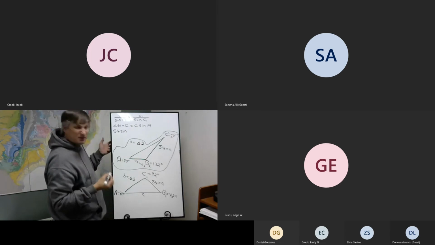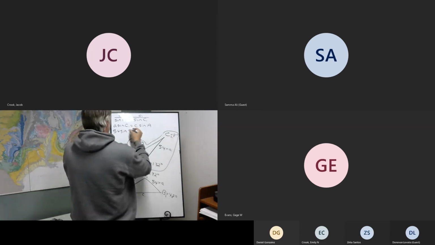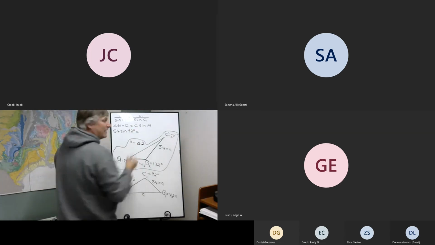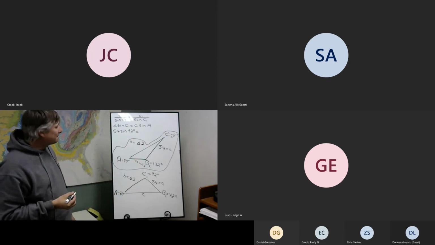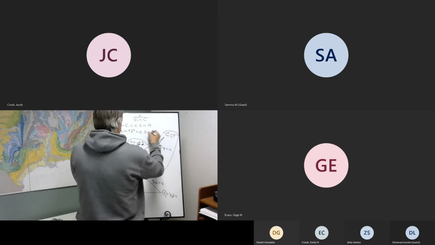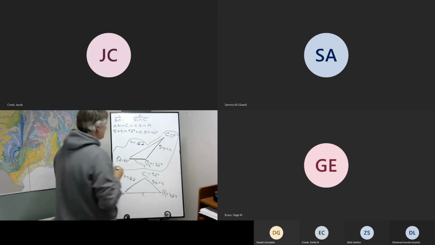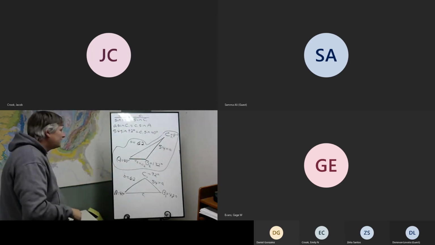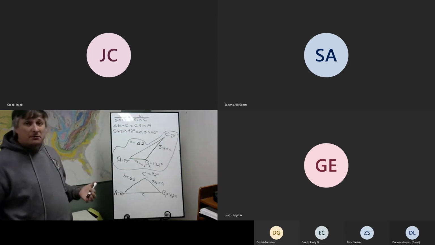Again, C1 is about 92 degrees. We calculated that using a rounded angle. And then A was 40 degrees. So we're going to solve for side C1.